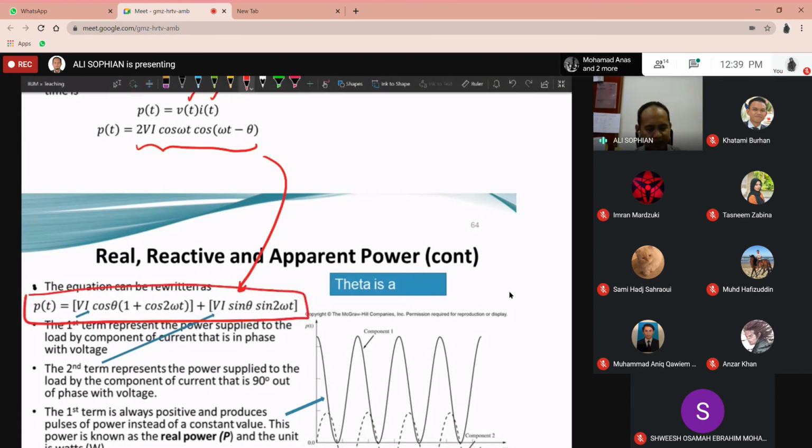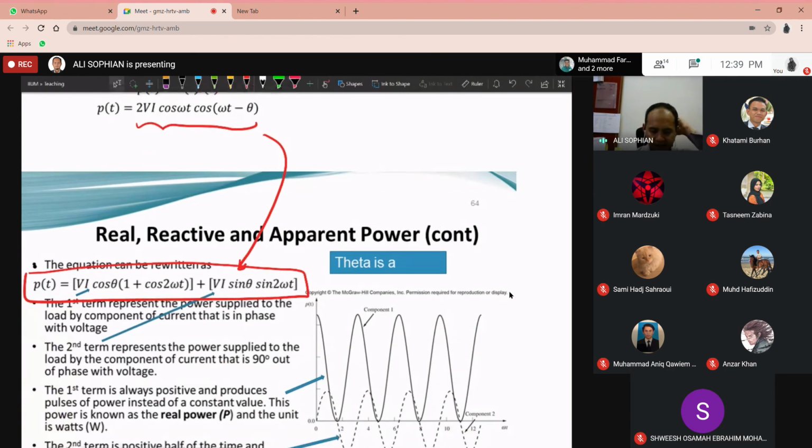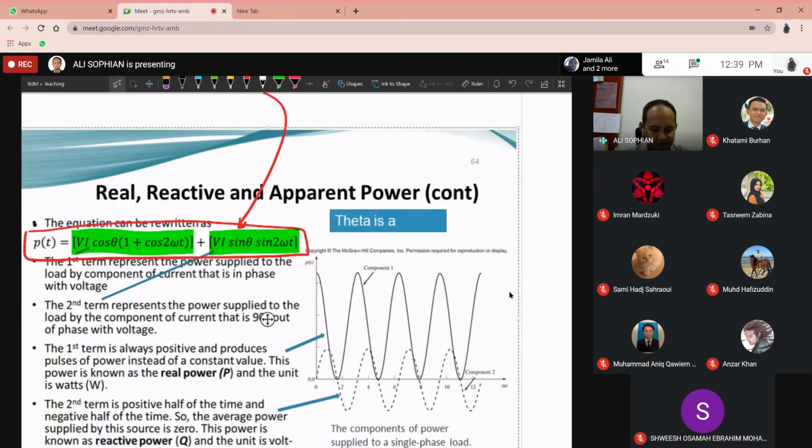So the instantaneous power, if you look at this, basically consists of two different components. The first component is here, and this is the second one. The first one is this VI cos theta, and the second one starts with VI sin theta, and so on.